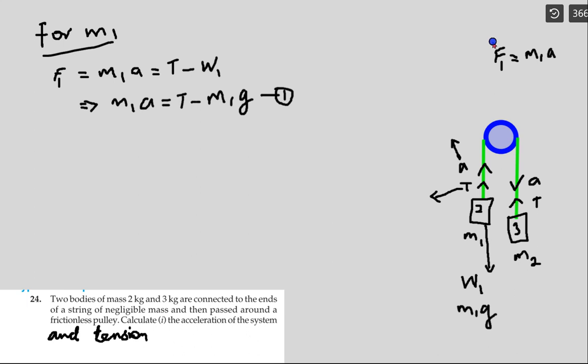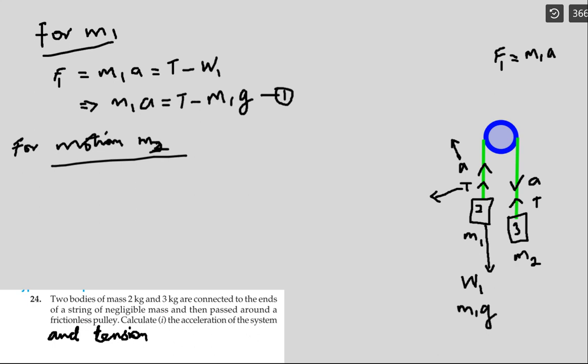Now for the motion of m2. From the diagram, it's clear that m2 moves downward.